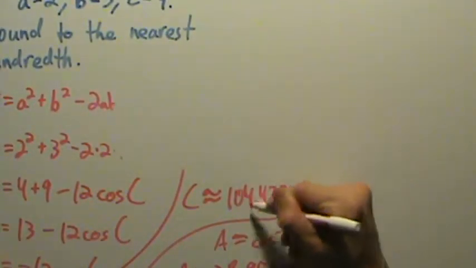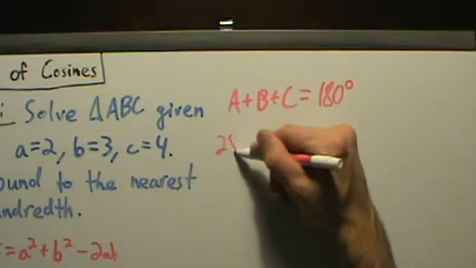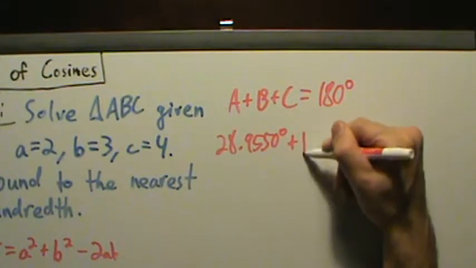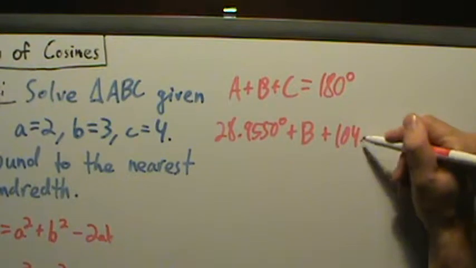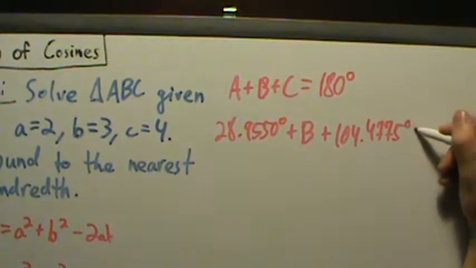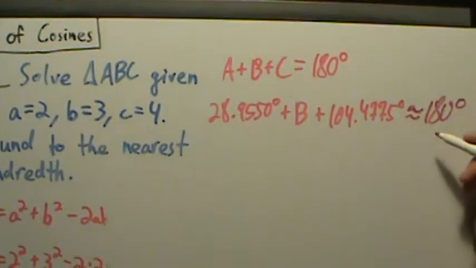A we have is 28.9550 degrees approximately. B is what we're trying to find now, and then C is approximately 104.4775 degrees. Since we tossed the approximations into here, maybe we should just say approximately equals.